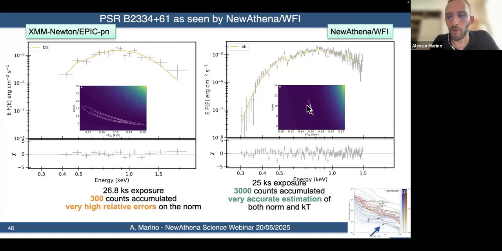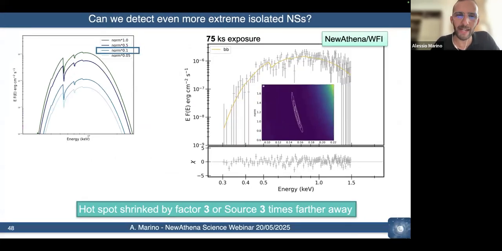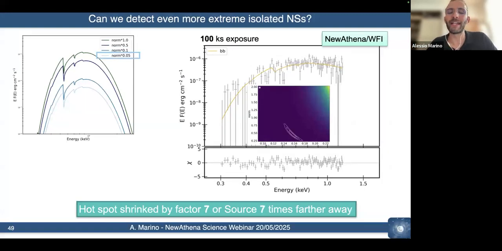We can get even more, of course. Let's imagine reducing the normalization of this black body first by a factor of 10. We can get good constraints on temperature and normalization with just a 75 kilosecond exposure, or for a factor of 50, we can get, again, a good constraint with a 100 kilosecond exposure.